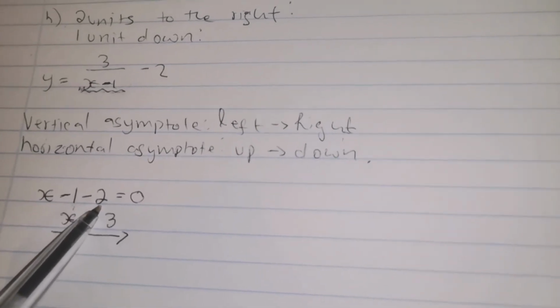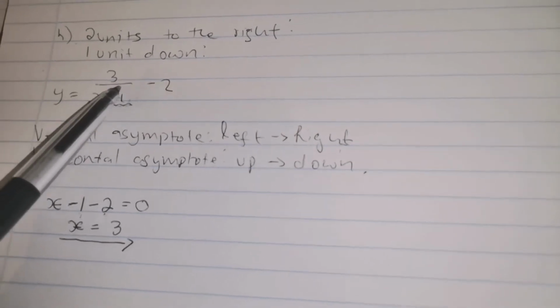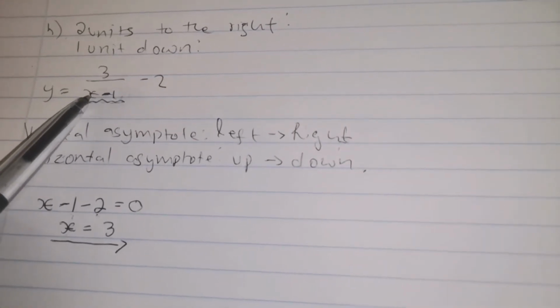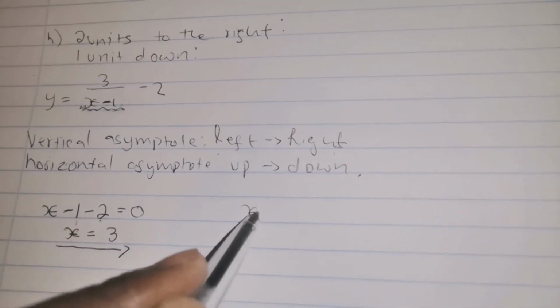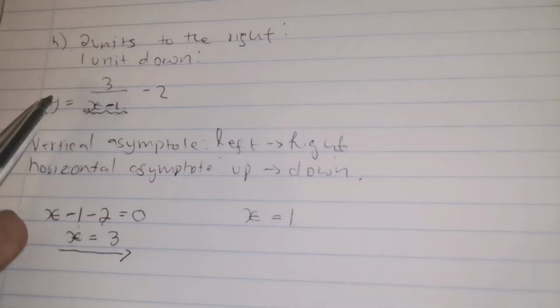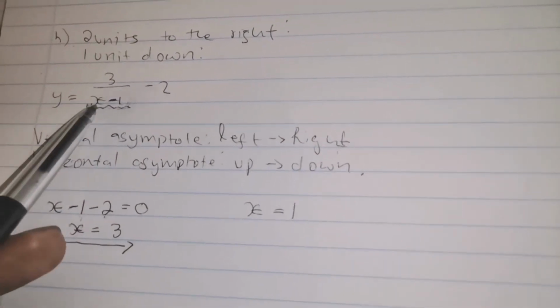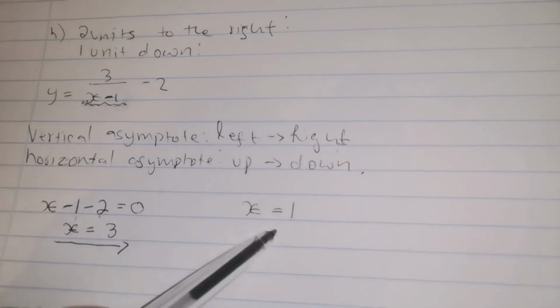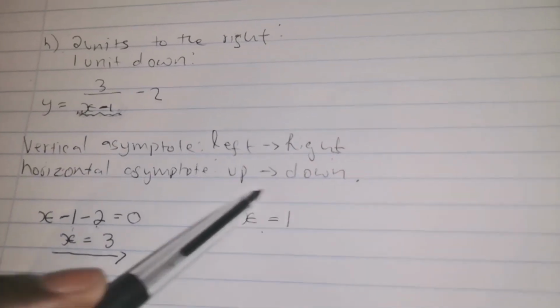Or in your own space, you can just say, okay, now we have negative 1, and when it comes out of the bracket, it's going to be equal to positive 1. The first time you got x equals 1, and when you solve x minus 1 equals 0, you got x equals 1.